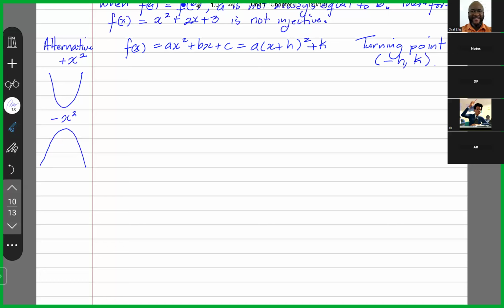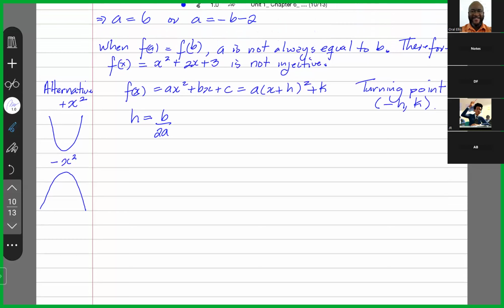Now, you did learn how to do completing the square in CSEC, and it was also rehearsed in ADMATH. But there's a formula approach to it. You could find h. h is equal to b over 2a.